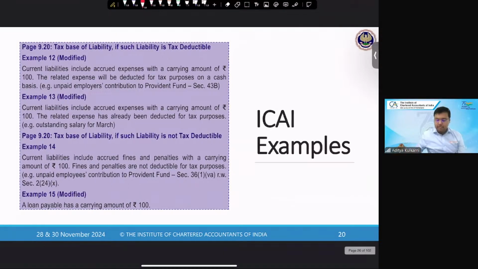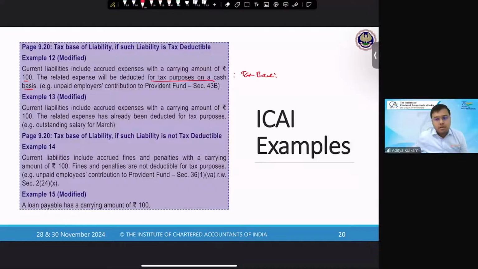Tax base of liability if such liability is tax deductible. Current liabilities include accrued expenses with a carrying amount of rupees 100. Related expense will be deducted for tax purposes on a cash basis. For example, I have mentioned unpaid employer's contribution to provident fund. Now tell me what will be the tax base?